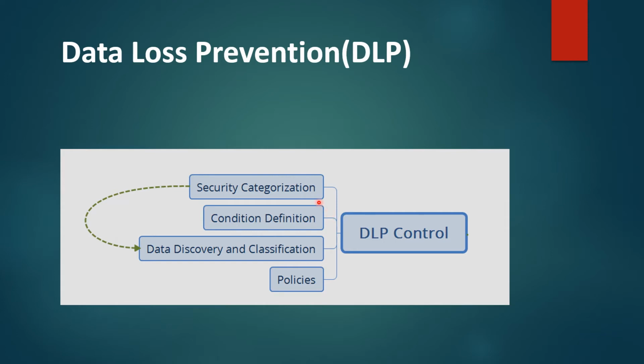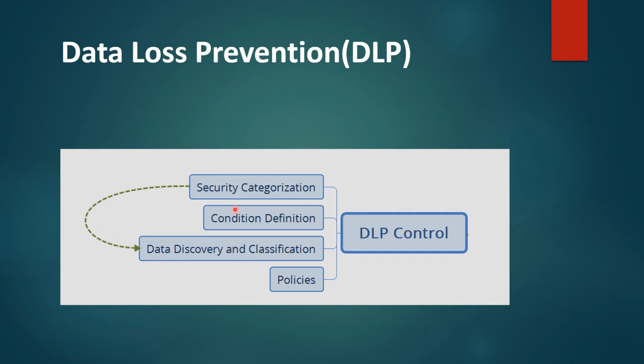Here we have 4 pillars to cover what we just mentioned. The first one is security categorization, that basically defines what types of data, like confidential data, proprietary data, or compliance related data like PCI DSS or PII. And then you will have the definition of conditions. So when these conditions are met, you can call that a confidential data.